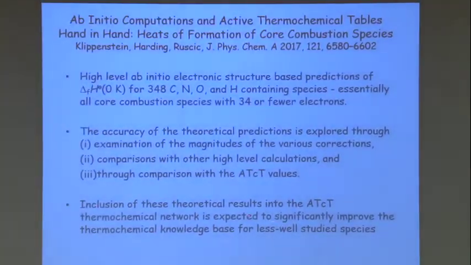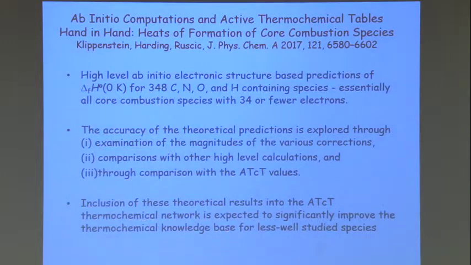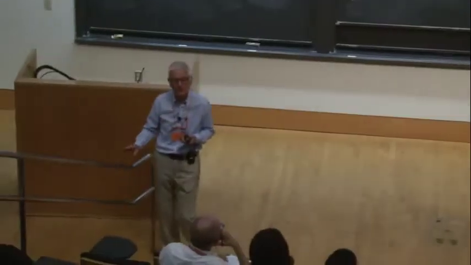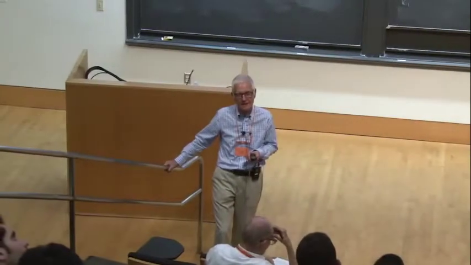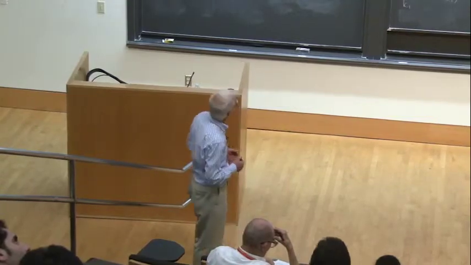Inclusion of these theoretical results into ATCT is expected to significantly improve the thermochemical knowledge base for less well-studied species. So some quite bizarre radicals that are significant in combustion, and also some stable species that haven't been well-studied experimentally, have been included in this.